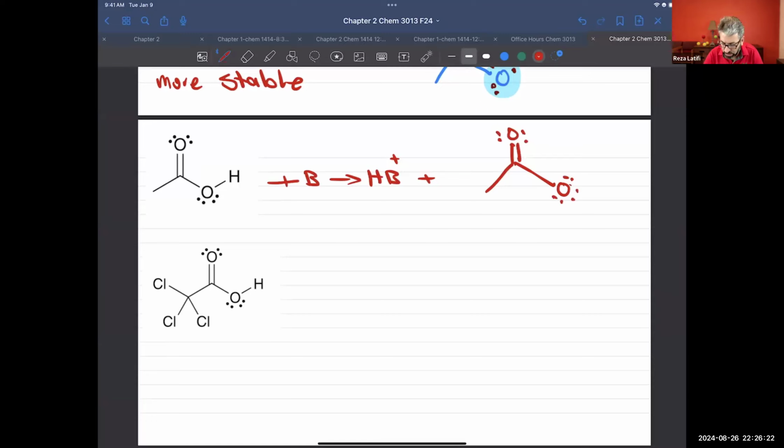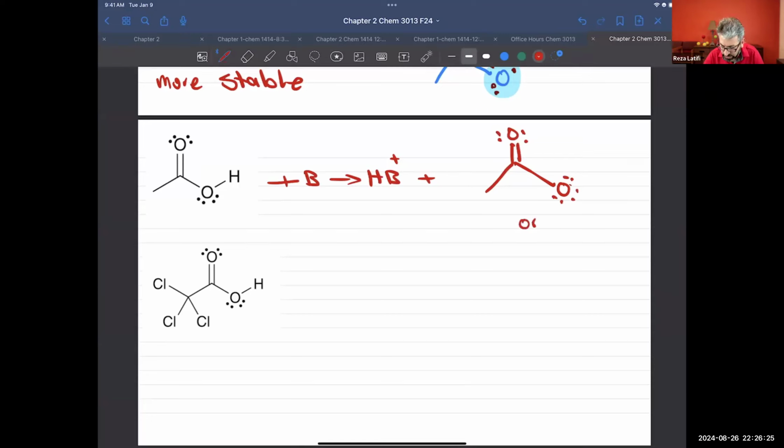Or I can say I get a double bond here, and this oxygen will have 3 lone pairs. So any of this is possible, okay? And I'm going to say these two are resonance structures.